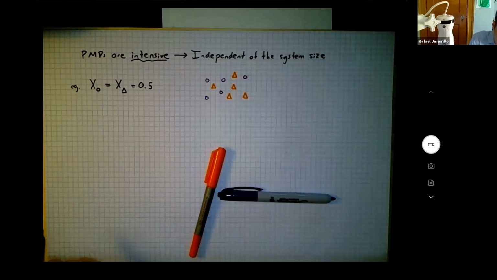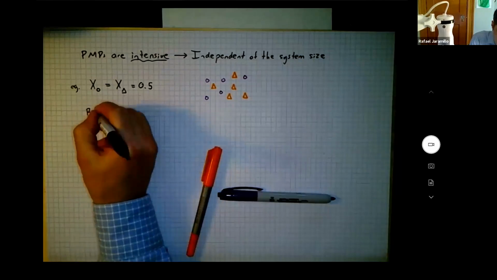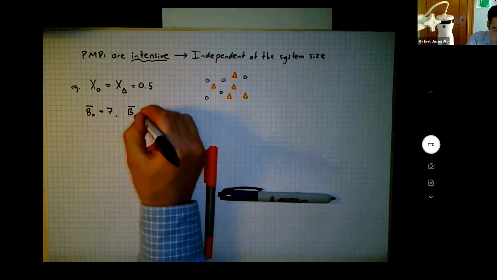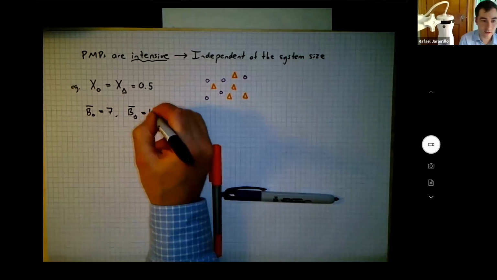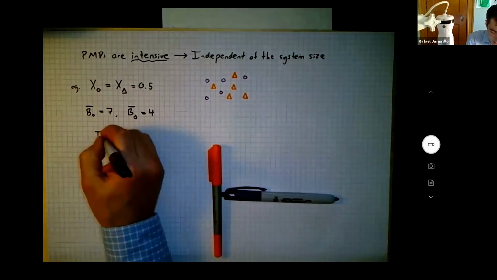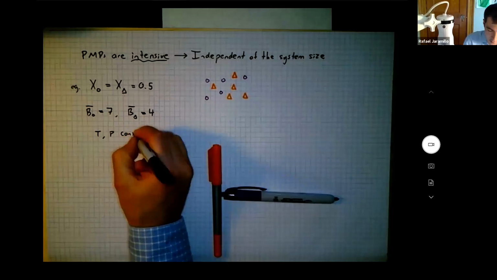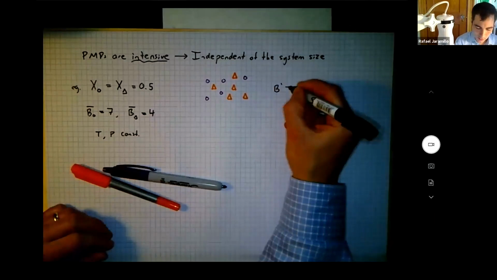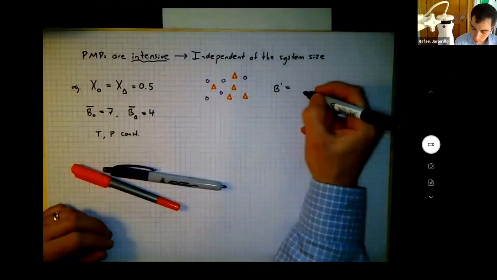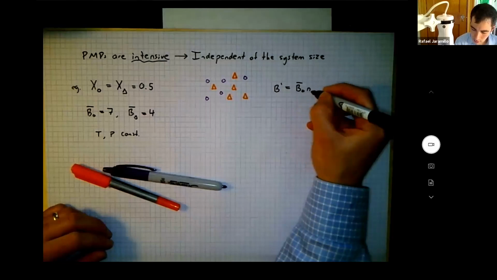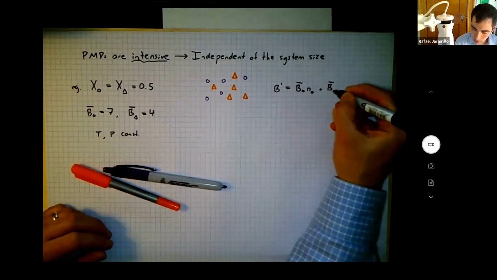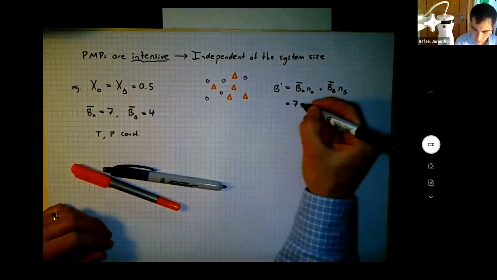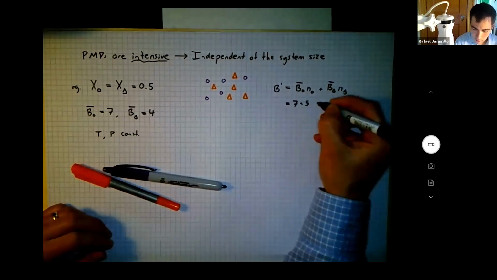And if we have B circle equals 7 and B triangle equals 4, I'm just making up numbers here, it doesn't matter what numbers I use, and for T and P constant, in this case, the total amount of B equals B circle N circle plus B triangle N triangle. And this is 7 times 5 plus 4 times 5.